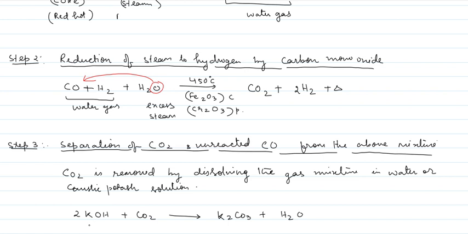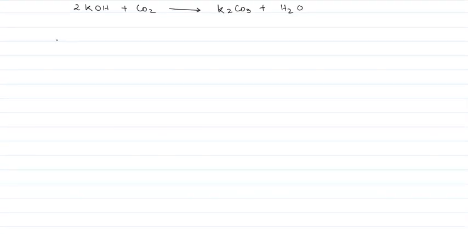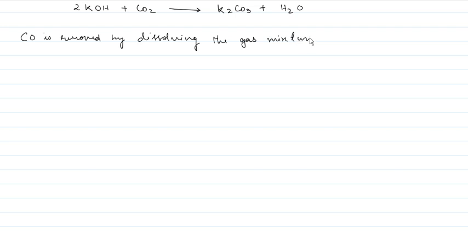Okay. Now we'll see how carbon monoxide is removed. Carbon monoxide is removed by dissolving the gas mixture. What is that gas mixture? Mixture of hydrogen and carbon monoxide.